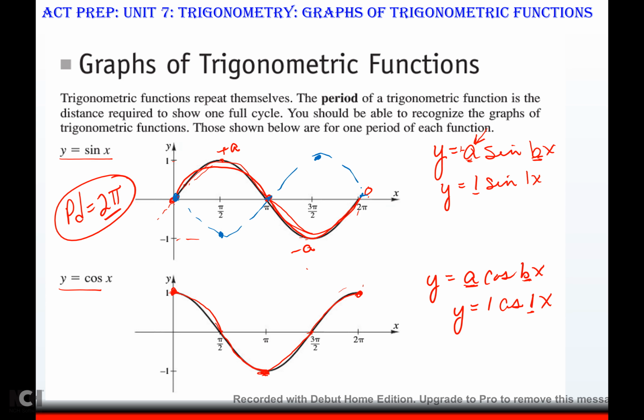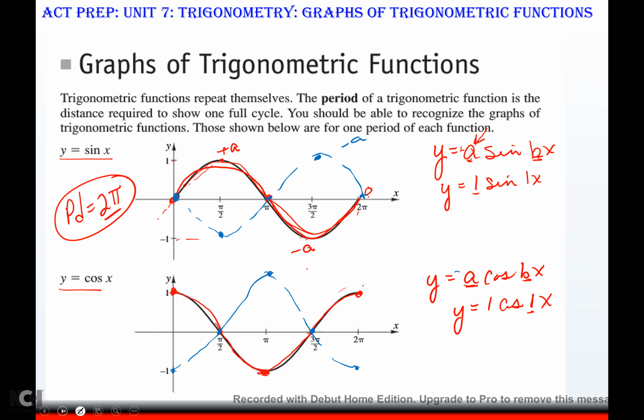So this is what sine would look like if a was negative. Same with cosine. If you were doing cosine and a was negative, you would start at its down amplitude and then come to the 0, and then up amplitude, come to the 0, and then down amplitude. So a negative value of a would make cosine upside down.